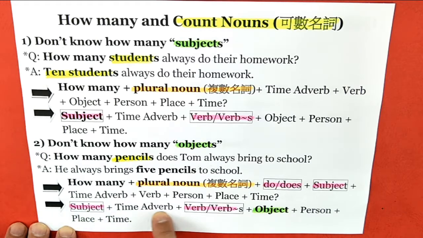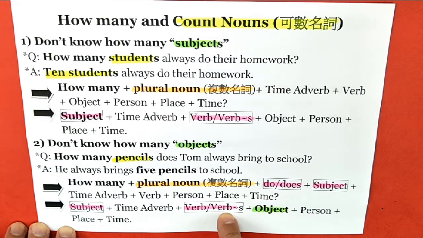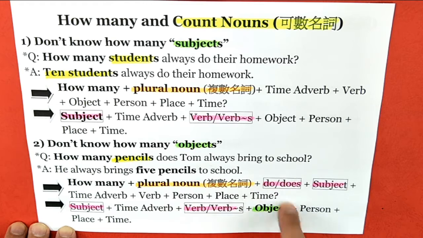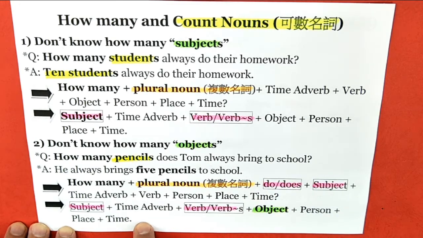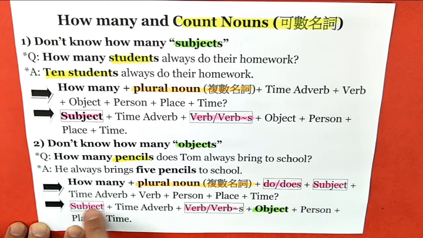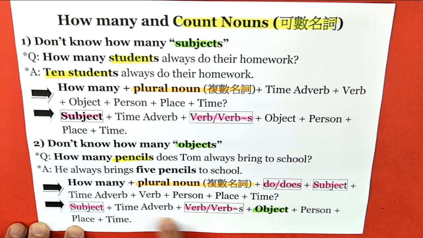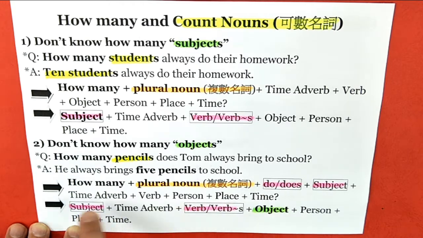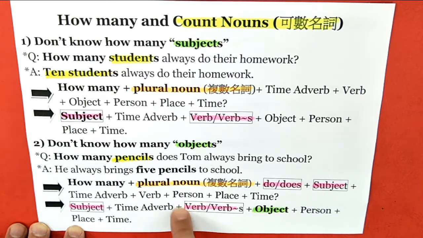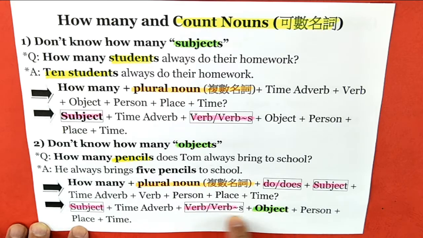Answer, subject plus time adverb plus verb or verb plus S plus object, there's the answer, the object plus person plus place plus time. Remember again, the subject and verb must agree. Subject is he, she, it, we use verb plus S. I, you, we, they, subject, verb. Okay, that's very easy.